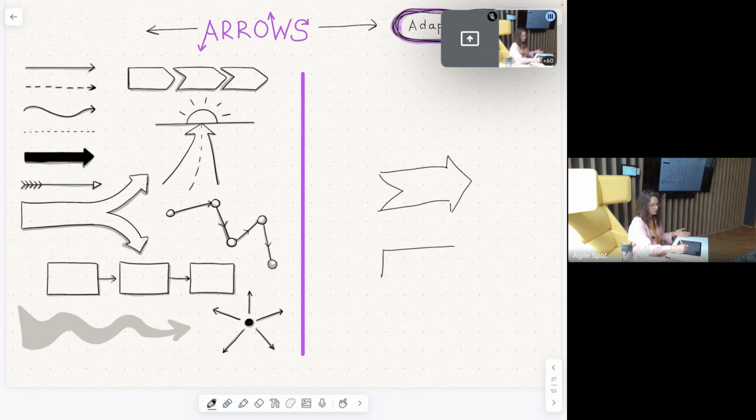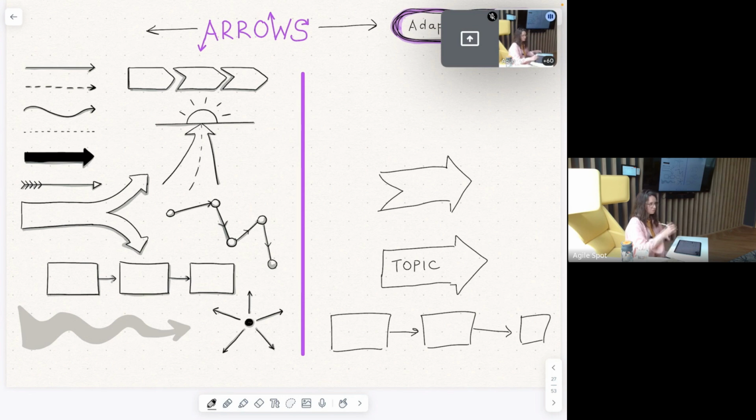There can be a topic, for instance, and then the entire topic gets drawn to the future, or it's something that's going to be continued. Or we can have this chain of dependencies, or logical thinking. It can be a super simple example, but arrows do wonderful things, so it's worth using them a lot.